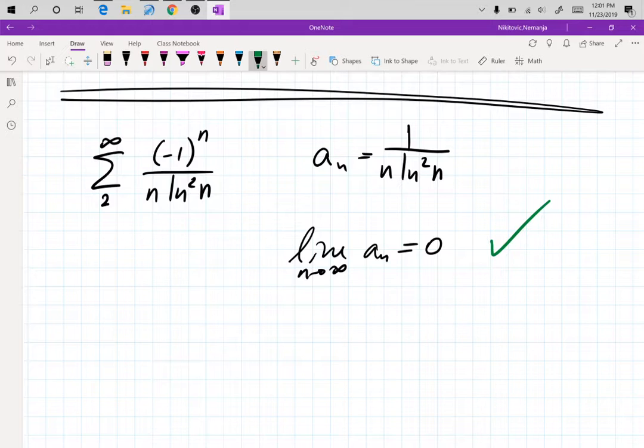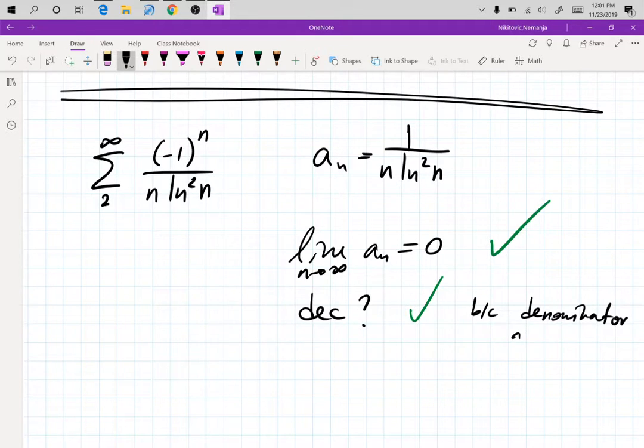The second thing we need to show is that it's decreasing, and we know that as well because the denominator grows. As the denominator grows, the whole fraction is getting smaller, right? 1/2 is bigger than 1/3, but 2 is smaller than 3, right? Because these two are true, you are on a convergence branch.